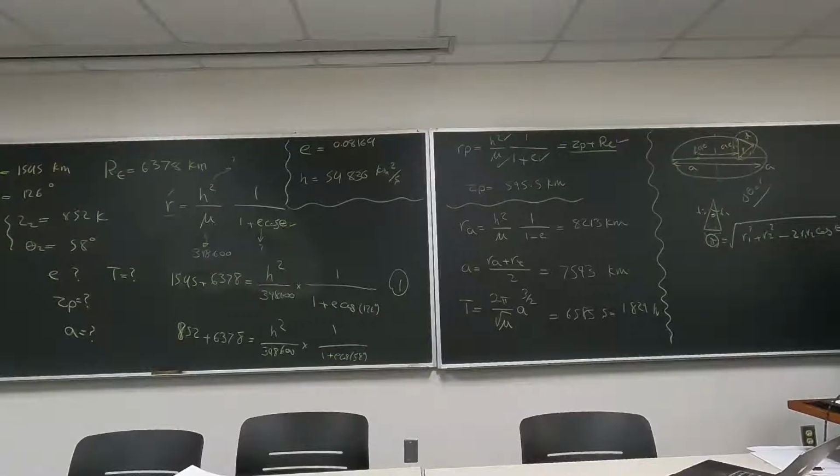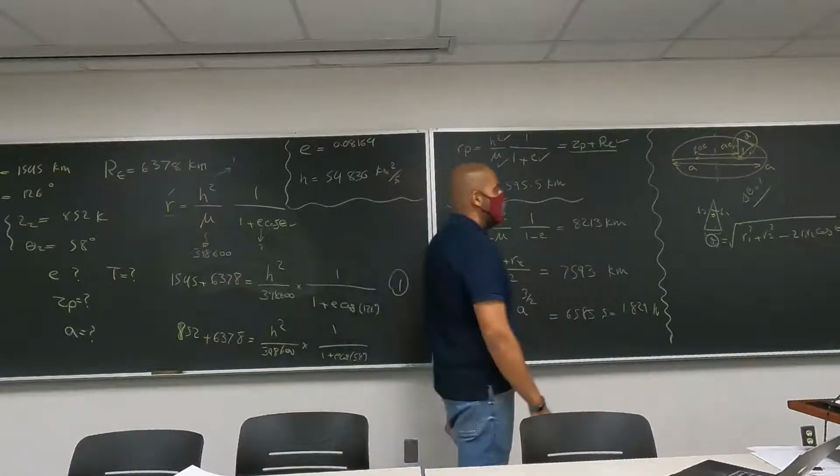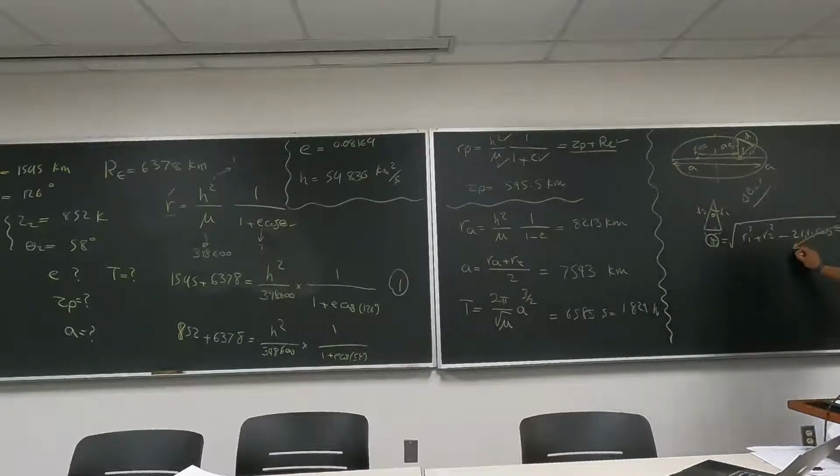Just take this formula if you haven't seen this. In case this theta is 90 degrees, this term will go away, and this will be the very famous Pythagorean theorem. Exactly. But if the theta is not 90 degrees, this is how you calculate this third distance.